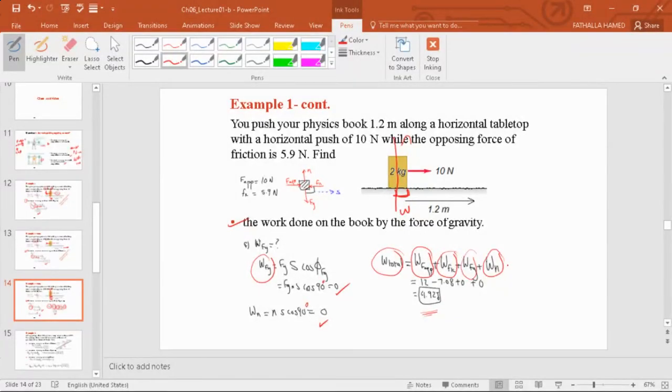And this is basically now the total work. Now you can look at the net force, and it will give you the same thing. If you look at the net force and where it's directed and so on, you will get the same value. So usually when we said that the total work should equal the change in kinetic energy, we're actually looking at the net effect or the net work.